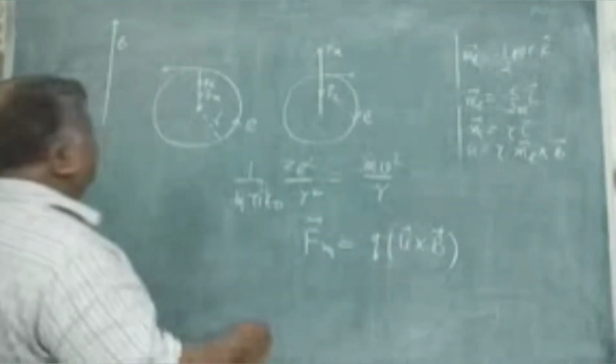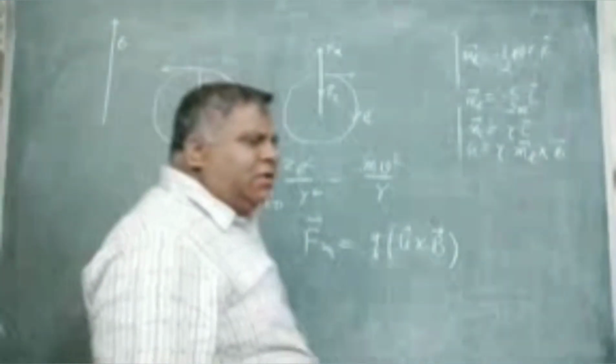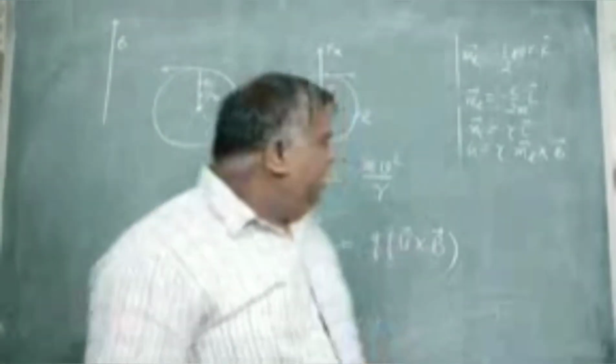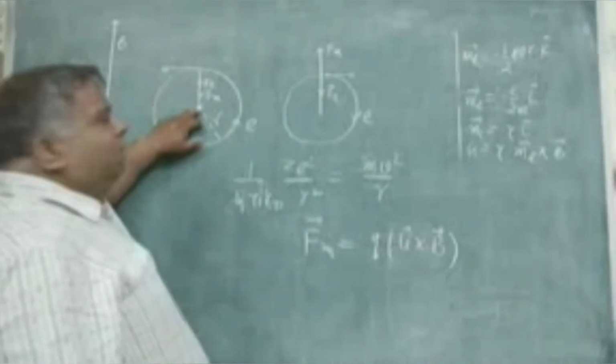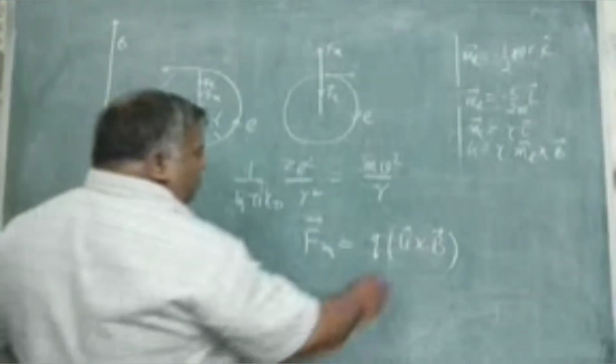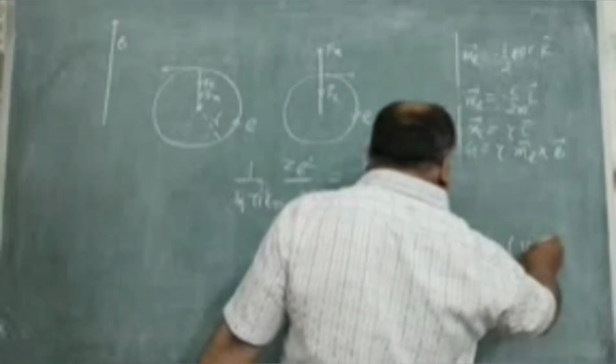So obviously if charge is positive, force is outward. But the electron has negative charge, this makes this force toward the center.